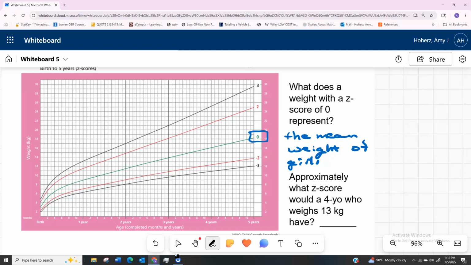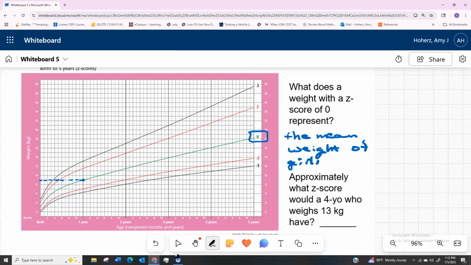Okay, so if you follow this green line, say a 2-year-old, let's look at a 1-year-old because it's easier to read. If we look at the 1-year-old, here is what's considered the mean, and if we follow that over, that is between 8 and 9 kilograms, right at about 9 kilograms.